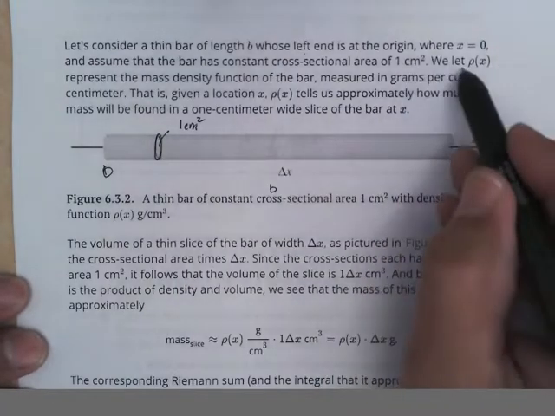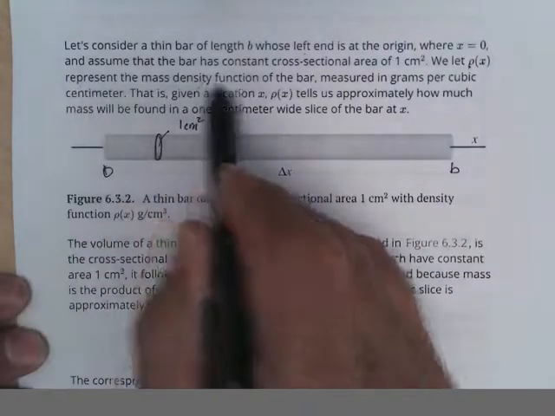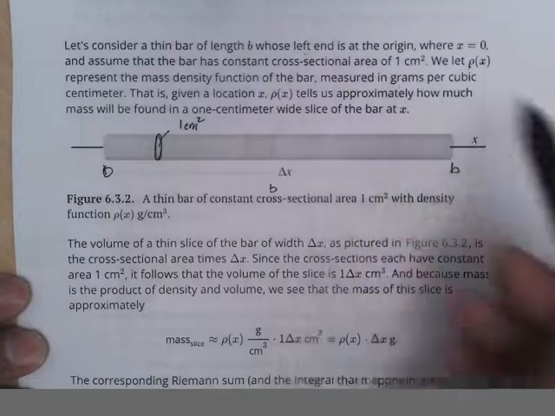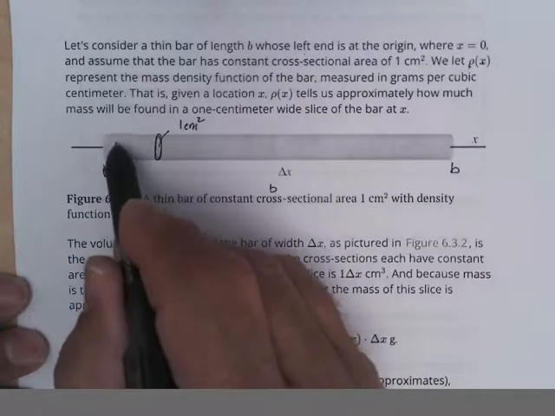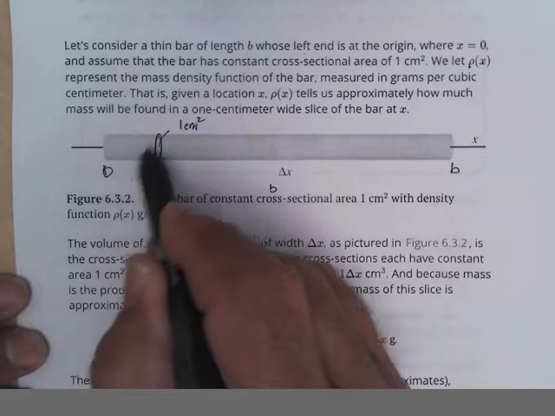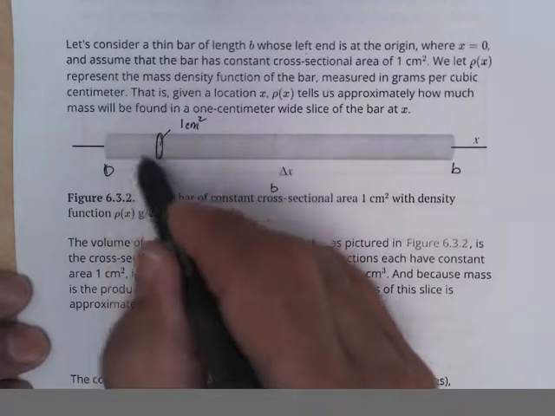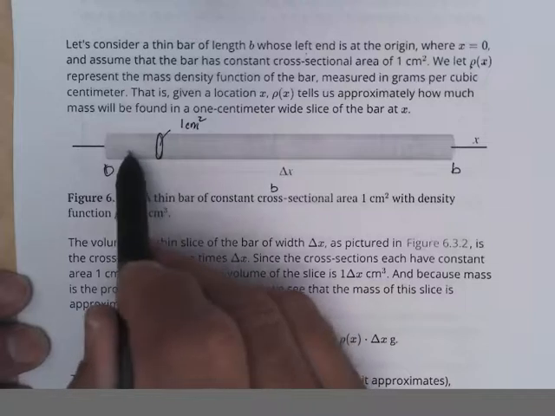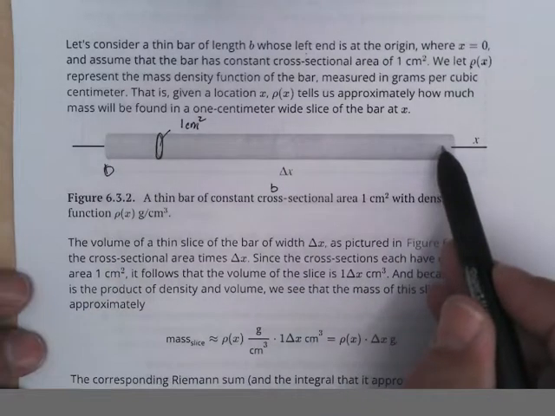So let rho of x, it looks like P of x, but that's rho of x, represent the mass density function of the bar, which they're trying to say is this bar could have the same number of molecules packed in it per slice, per change in x, per inch, per whatever, per centimeter, all the way down, and then it would have uniform density.